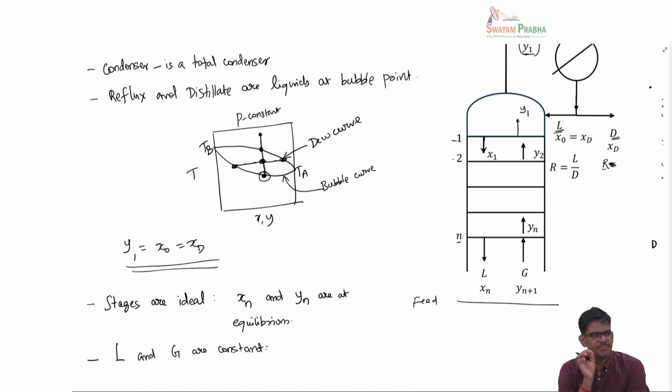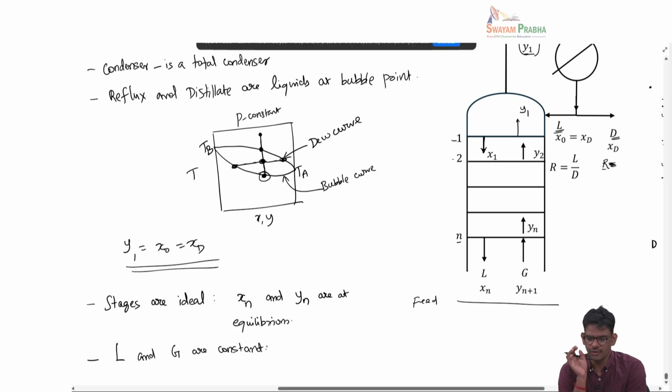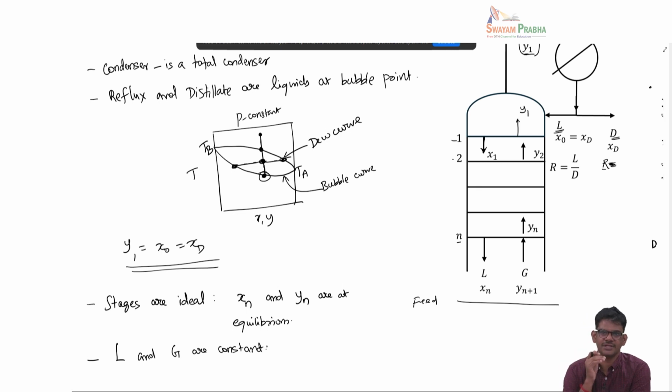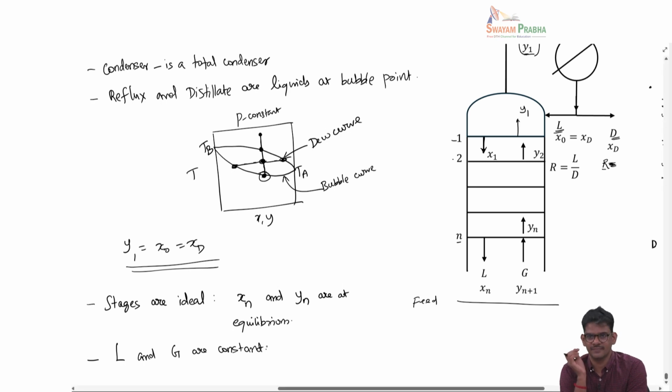Because of this, there will be a minor change in the flow rates of liquid and vapor, but we are going to assume this to be constant. L and G are constant, so that I can treat each tray almost the same with respect to the flow rates. Compositions are changing from one tray to the other, but we will keep the flow rate constant. So this is another assumption.